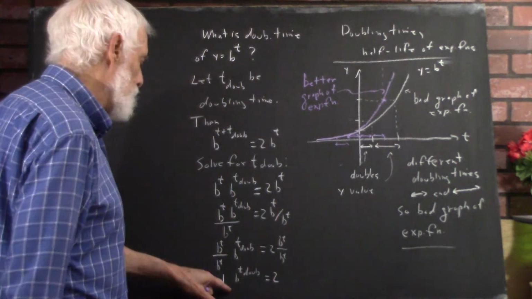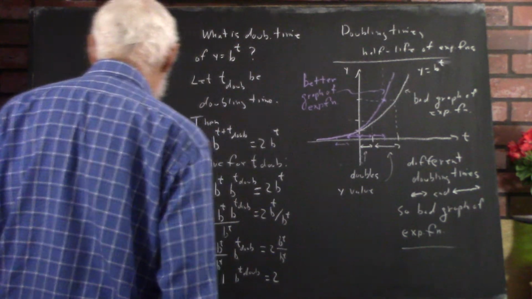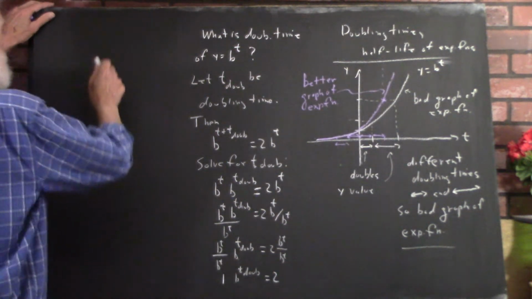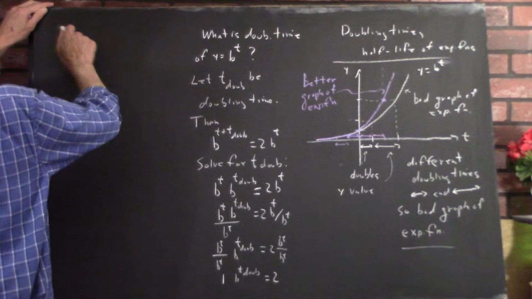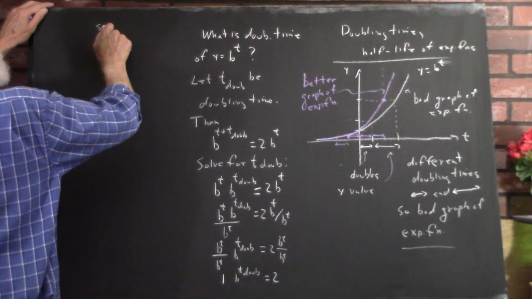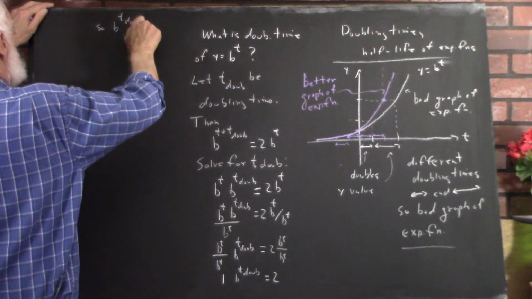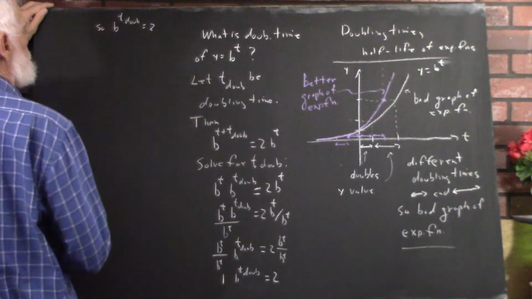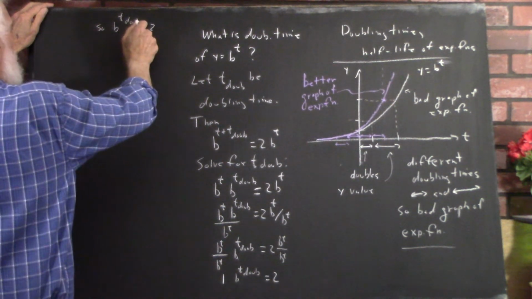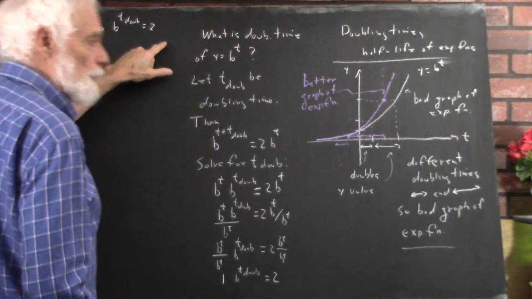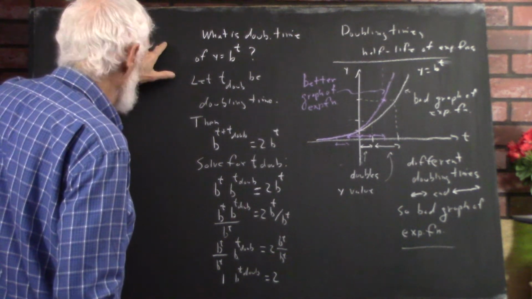Okay, anyhow, 1 times b to the t dub equals 2. So b to the t dub equals 2. How do you solve this equation?